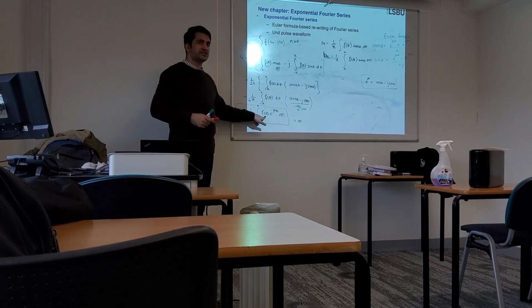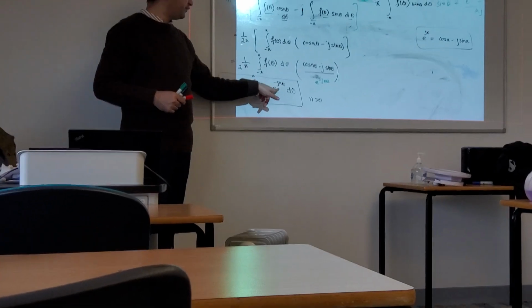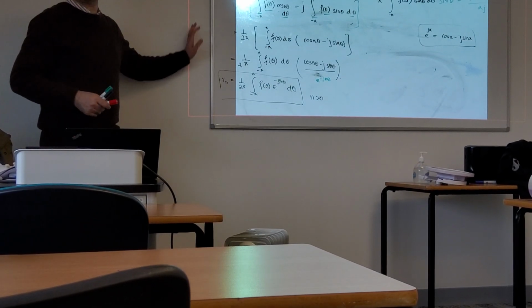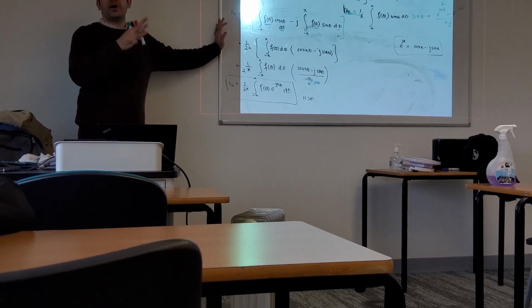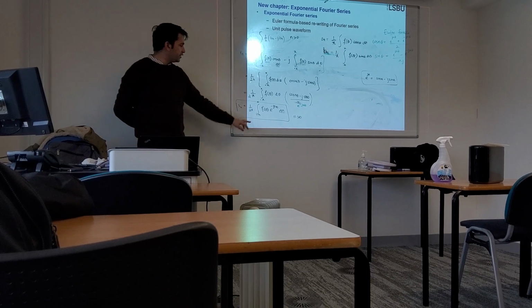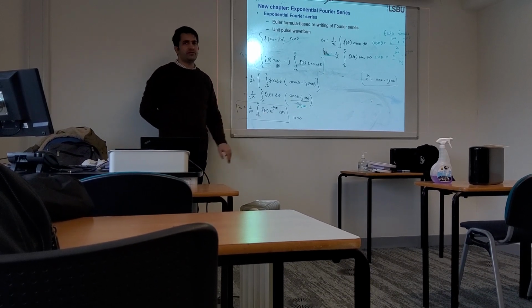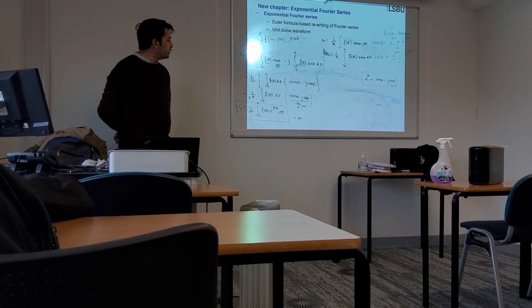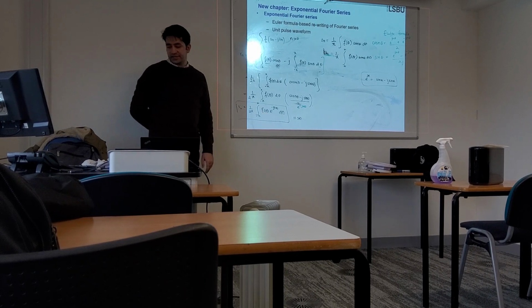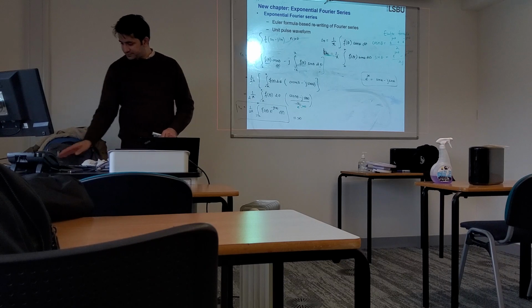So if we know the value of the function, and if you multiply it with the exponential and integrate over theta, we can find Rn. In the case of An, we were taking f of theta and multiplying it with a cosine of n theta, but here the difference is that you are multiplying it with the exponential.